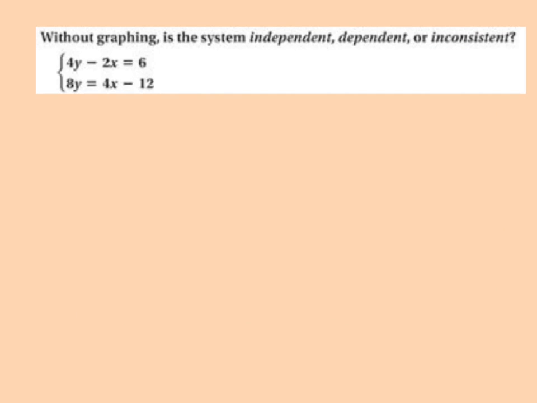So this problem says without graphing. Now, I don't have to graph these 2. What I really have to do is just get the y's by itself. If I rewrite the first equation, I would want to add the 2x over, and I would get 2x plus 6, and then divide by 4. And remember, you have to divide both terms by 4, so that would be 1/2 x plus 3/2.